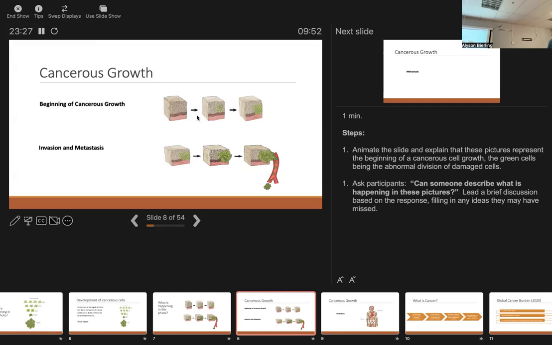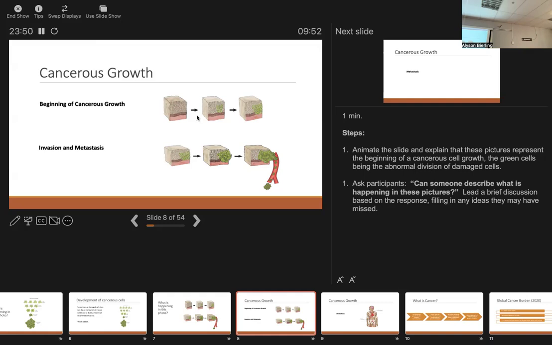Yeah, that's a good question. Those immune cells, the white blood cells, are trained to detect bacteria and viruses, and this is different. These are cancer cells.